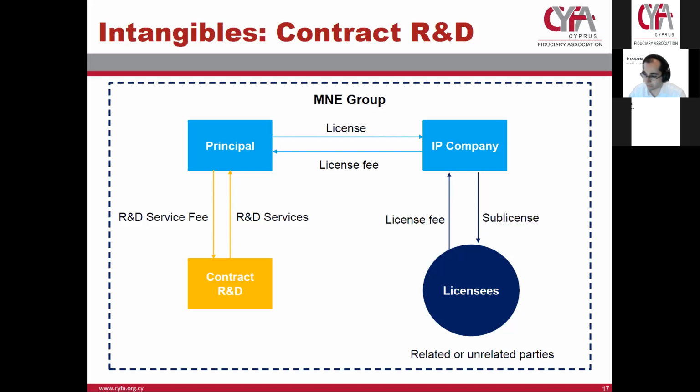And so in this structure, we have a principal that outsources, or enters into a contract R&D, contract for research and development of intangibles with a group party, and pays a service fee. So what this means is that the intangibles produced by the contract R&D entity will be owned by the principal, and the contract R&D entity is only going to get a service fee, but is not going to be entitled to the returns from the intangibles.